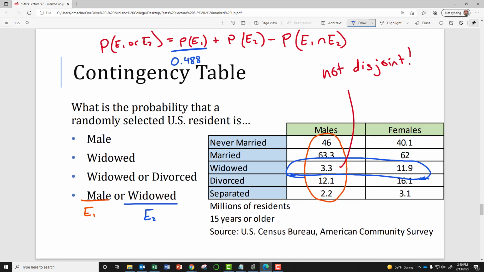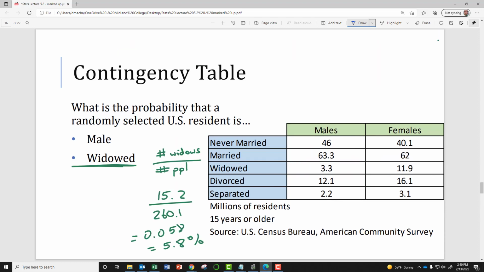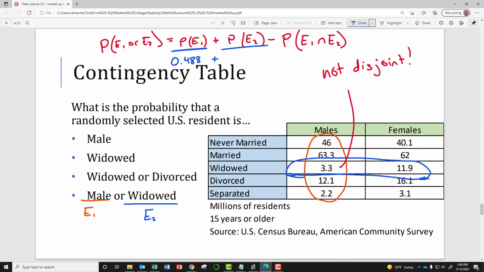48.8%. Plus, we have the probability of being widowed, which we found earlier. That was 5.8%. And then what's the probability of lying in that intersection? Well, my intersection is just 3.3 million people out of 260.1 million people.